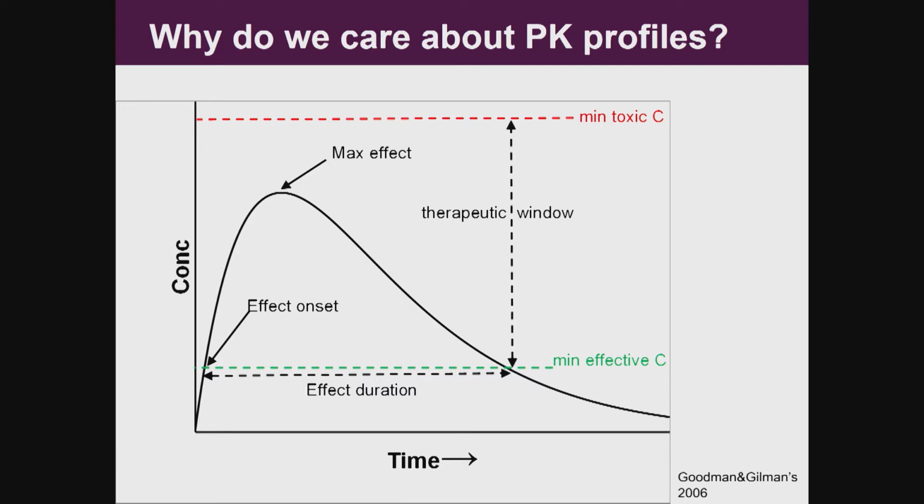It has a maximum effect, the elimination takes place, and when the concentration drops below the minimum effective concentration, the duration of the effect has ended. And this again is the therapeutic window that we are targeting between the red and the green. And if absorption changes within a patient, between patients, we can reach high concentrations resulting in toxicity, or lower concentrations resulting in lack of efficacy.